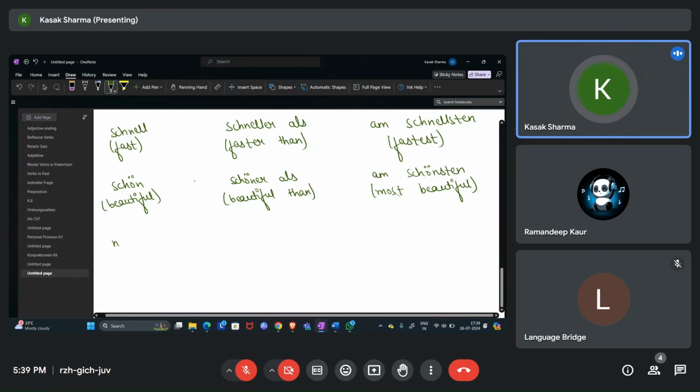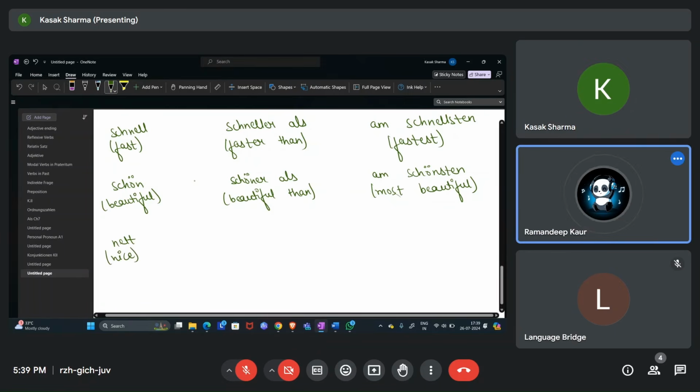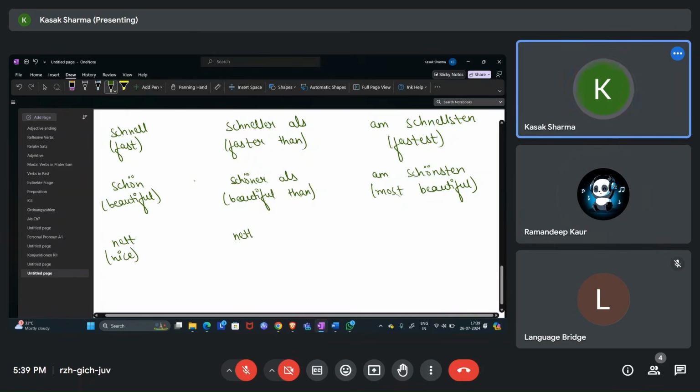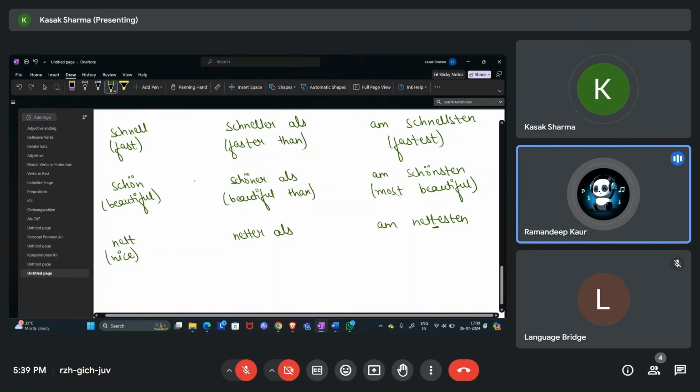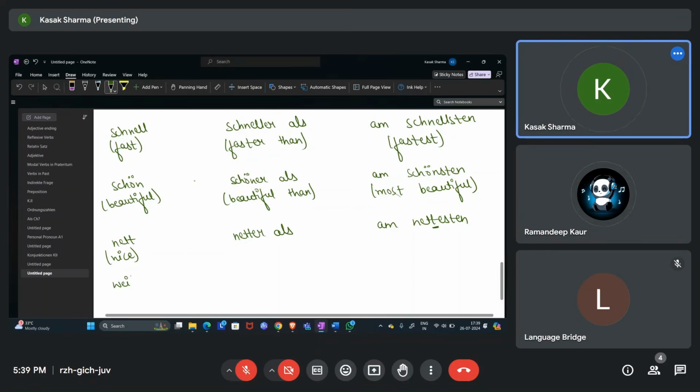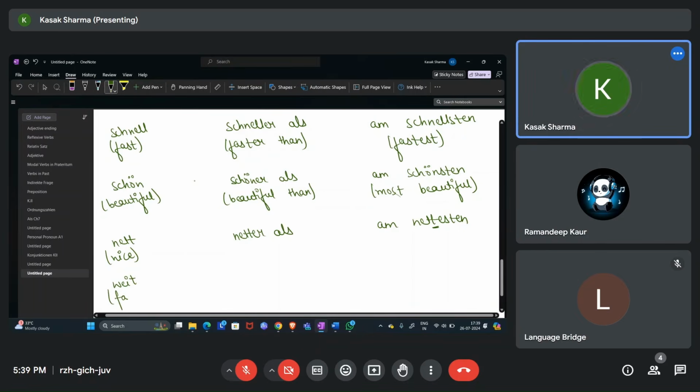Now next is nett. Nett means nice. So it will be netter als, and it will be am nettesten. -esten, because the adjective ends with T. And here weit. Weit means far.